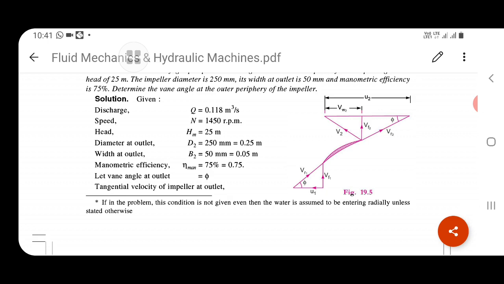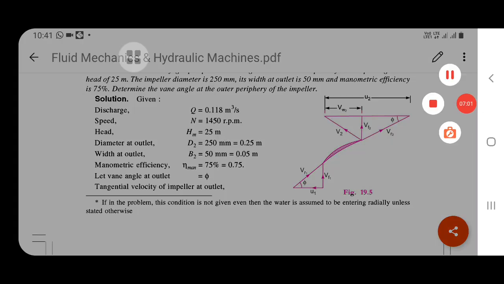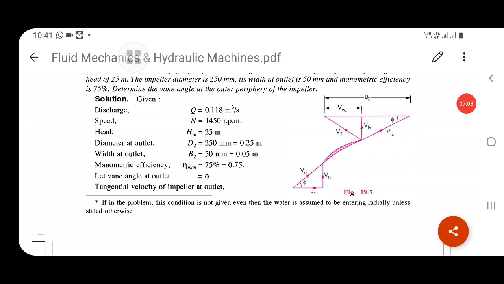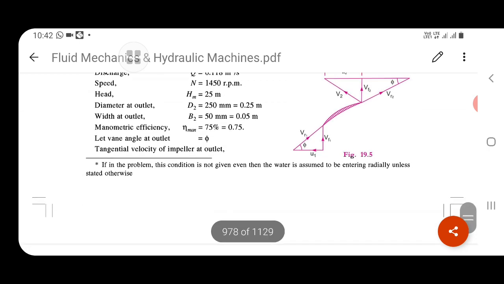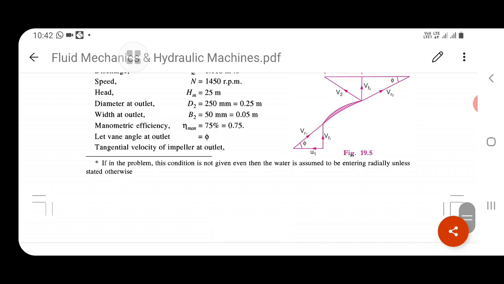So Q is given. The given data is discharge 0.118, N is 1450 rpm, Hm is 25 meter, D2 is 250 mm, 0.25 meter, B2 is 0.05 meter, manometric efficiency is 75%, 0.75.